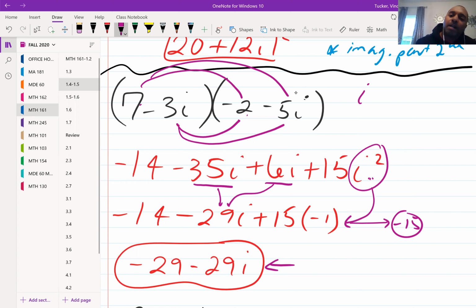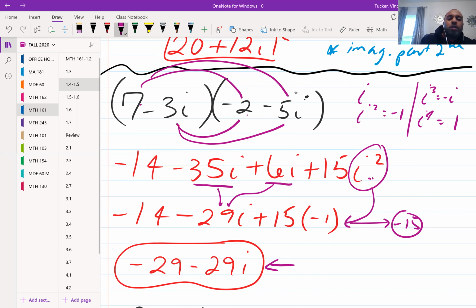It goes from i squared, which is -1, then i cubed is -i, and i to the fourth is 1. It keeps repeating that pattern. But like I said, they really don't emphasize that much anymore, so you're not going to see that in this section. Oh, okay.